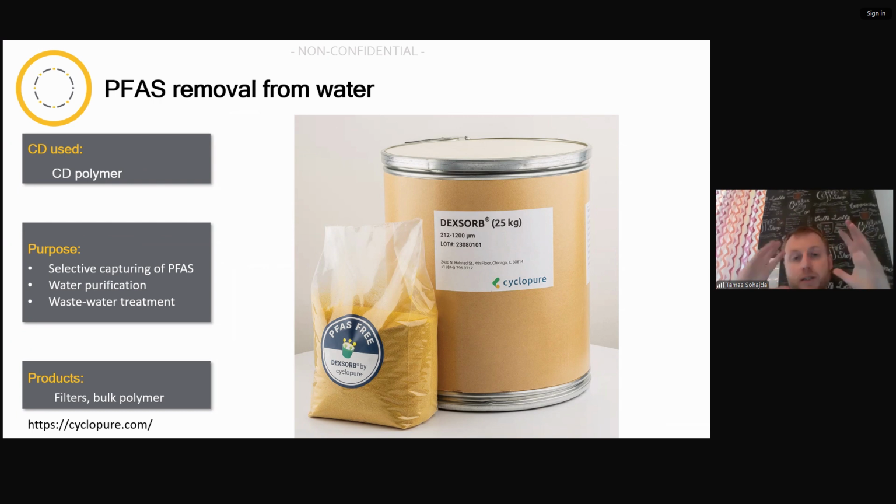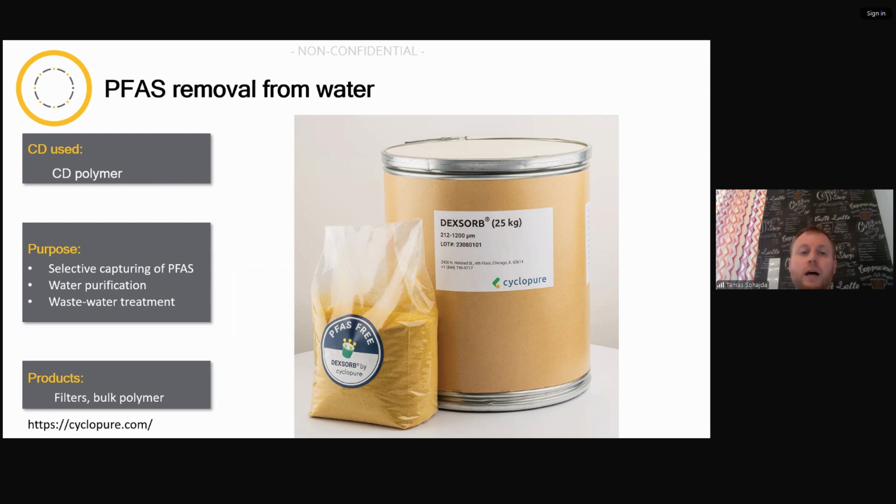You can just install this filter in the kitchen, and as the water runs through, it absorbs all the PFAS along with some other chemicals from water. They also have these kinds of tests. So cyclodextrin polymers were shown to have a very good efficiency in removing drug residues, chemicals, and stuff like that from the water.